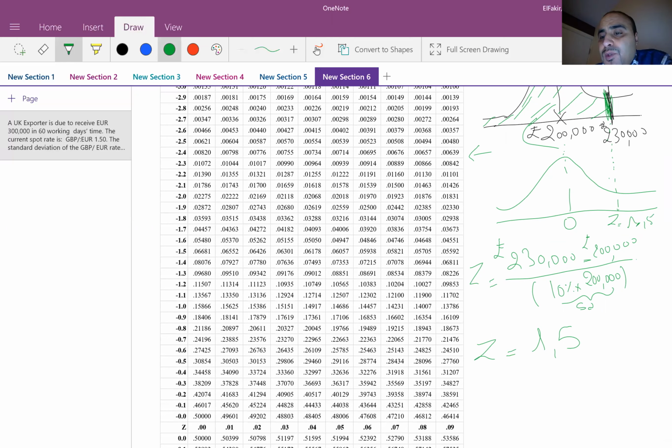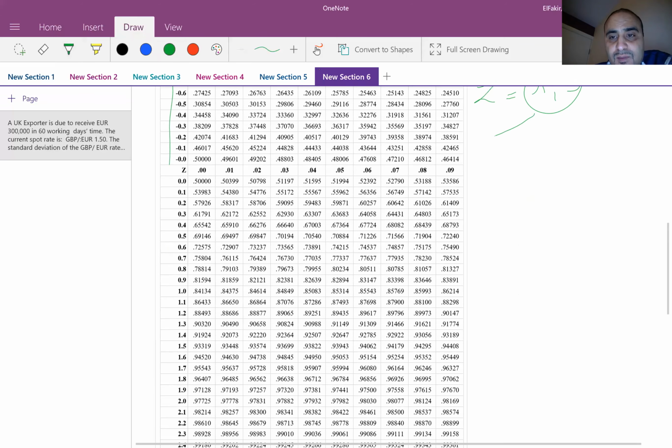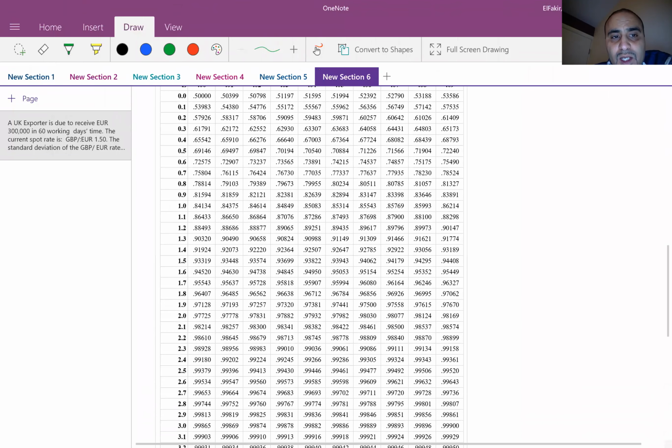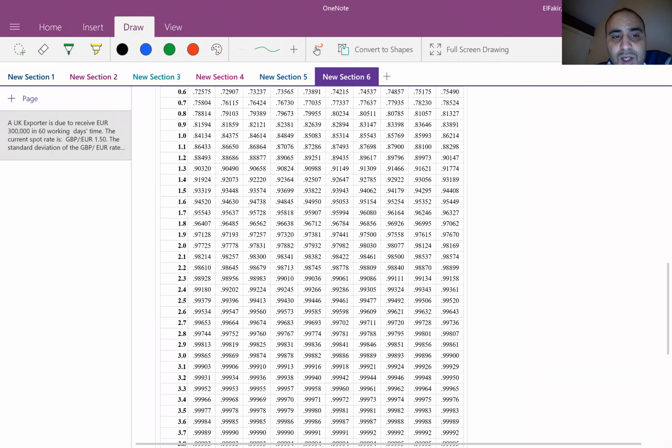Now, all we can do now is take this value, which is the Z score, and look for it in our table. As we can see here, all the values that I can see are actually negative. So I need to be looking for my positive values in the same way as I do it for the negative values. So I look for 1.5. Here is my 1.5.